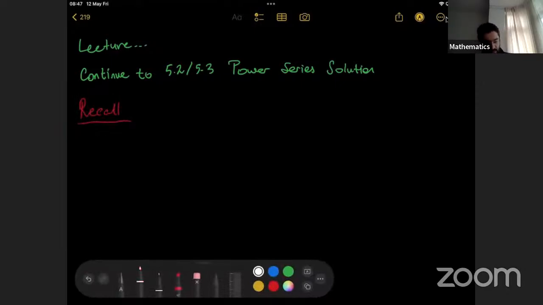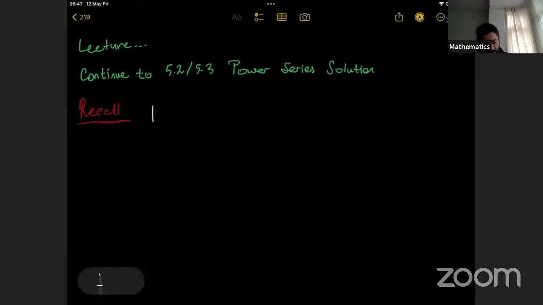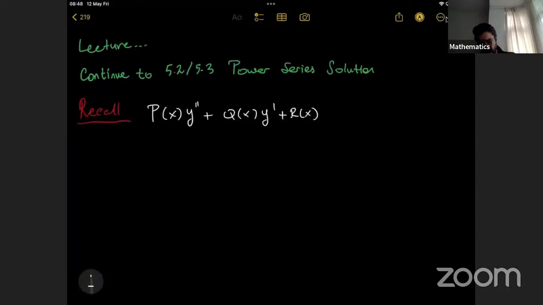We had this equation, linear equation, p(x) y double prime plus q(x) y prime plus r(x) y is equal to 0. It's a homogeneous equation, but the coefficients are not necessarily constant. They can be non-constant functions depending on x.